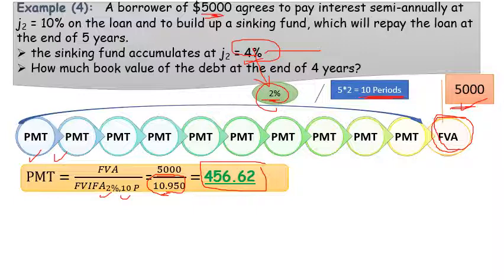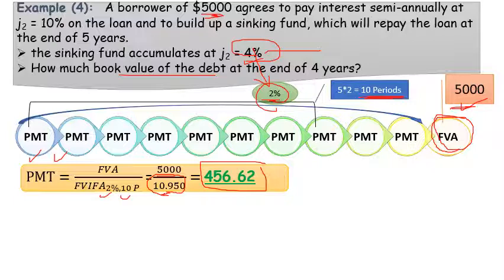Okay, the requirement is to calculate the book value of the debt at the end of year 4. The end of year 4 means after 8 periods, because the deposits will be made every 6 months, or semi-annually.